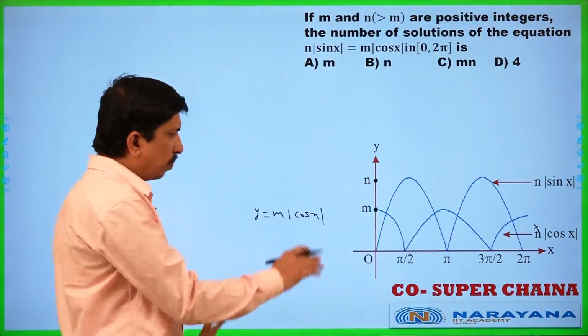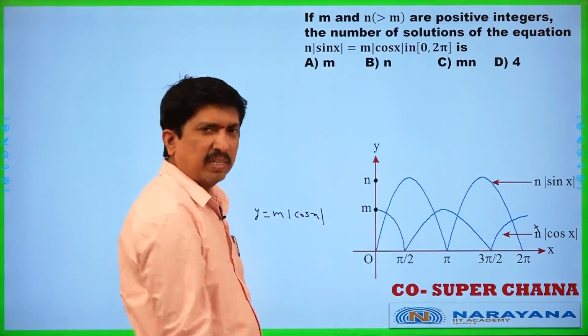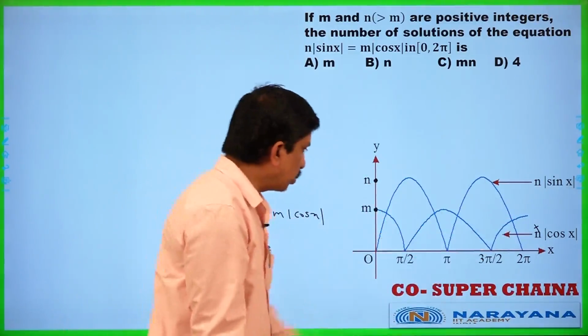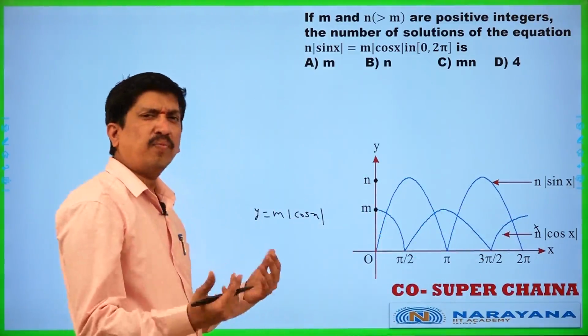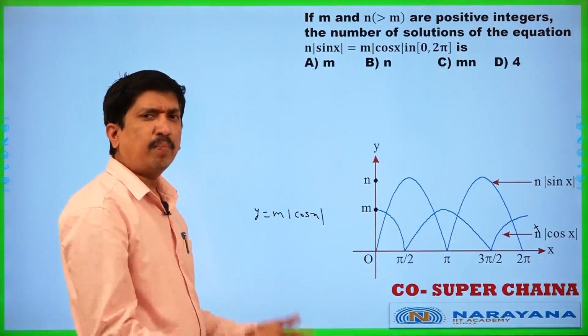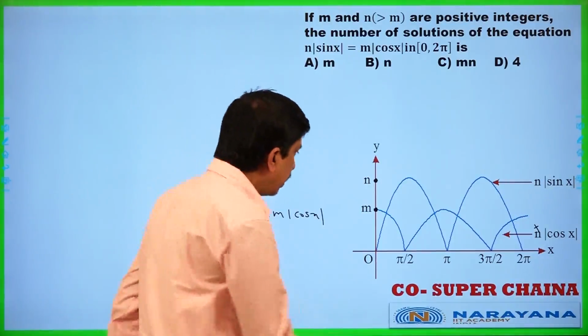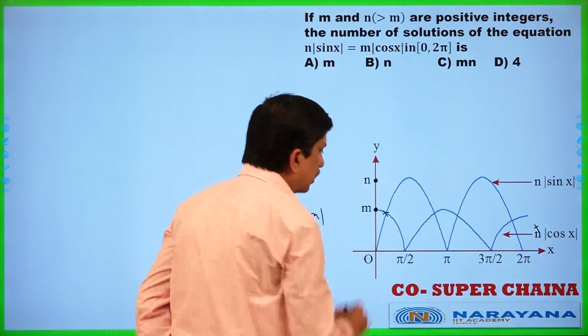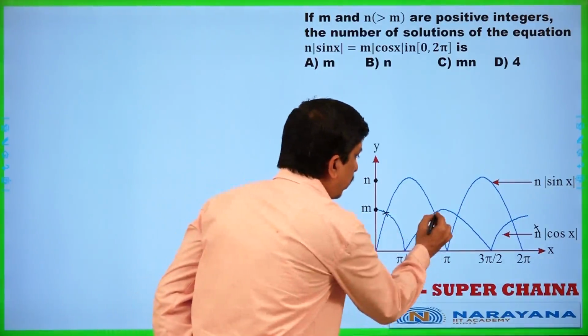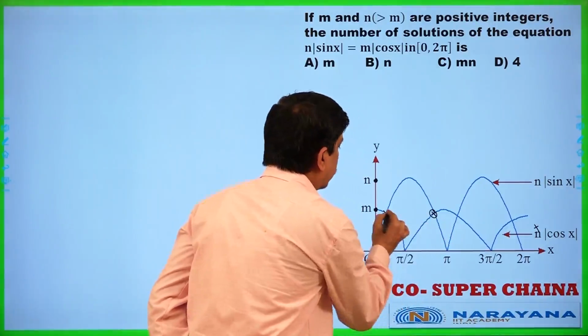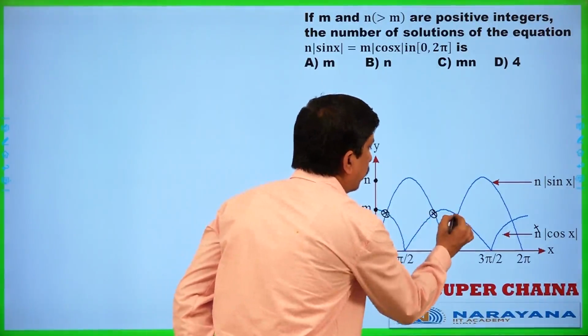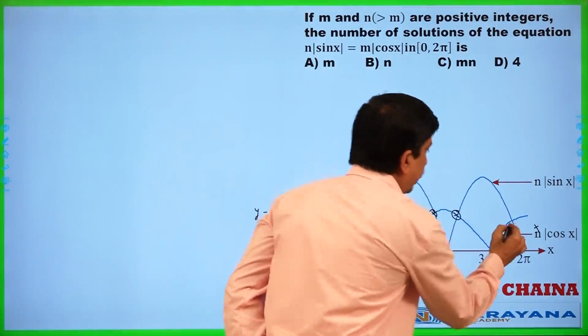Observe that they are mentioning the closed interval 0 to 2 pi. The number of solutions we require is the number of points of intersection. Here one point of intersection we got, here another one. I am writing 1, 2, here you get 1, 3, here you get 1.